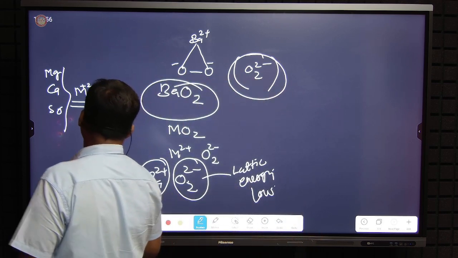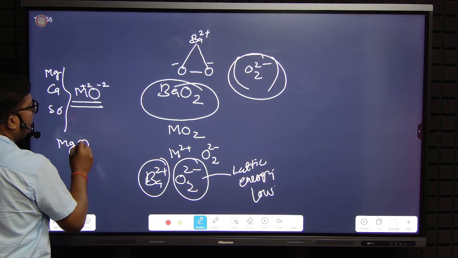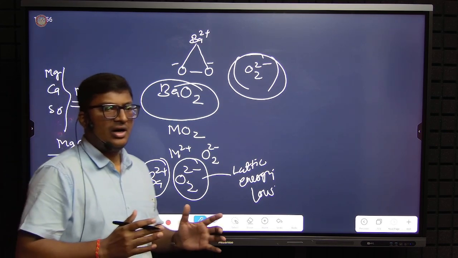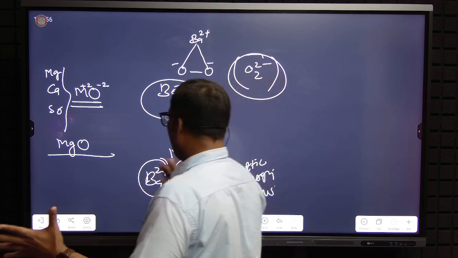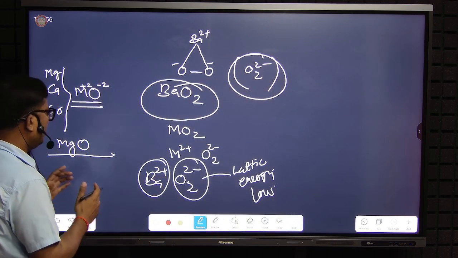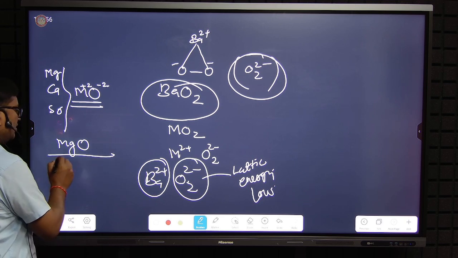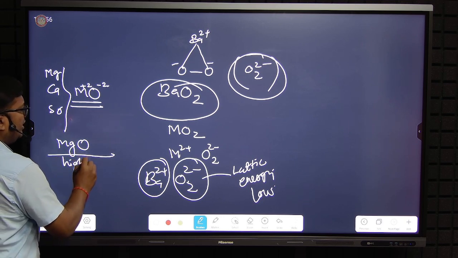But in the case of magnesium oxide, the interionic distance is small, and the size of the oxide 2 minus is also small. Because of the small size of the cation and anion, the interionic distance is small, so it has very high lattice energy.